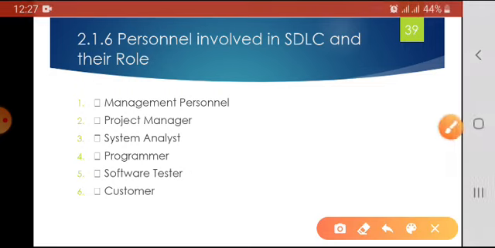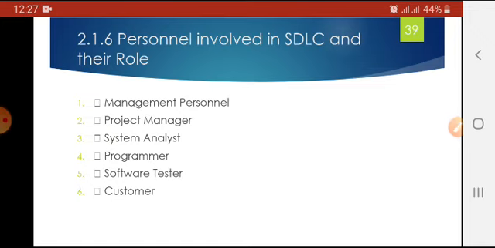They are management personnel, project manager, system analyst, programmer, software tester and customer. Each personnel has its own role and tasks. We will discuss them one by one.